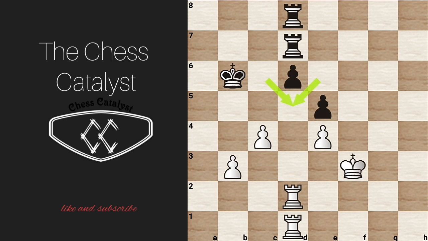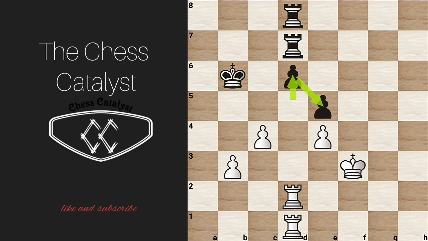We also have the isolated pawn, the hanging pawn, the doubled pawns. So the backward pawn, as you see here, is just a pawn that can't advance and it can't be defended by any other pawn. It is connected to another pawn, but it can't advance, as once it advances it can be taken for free. So this is the backward pawn.